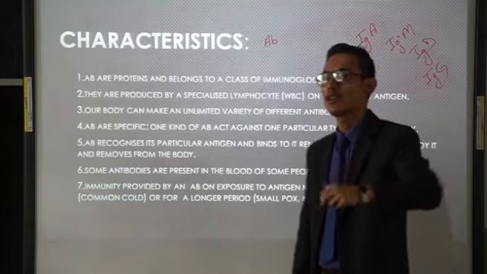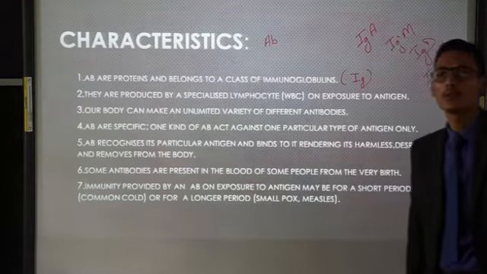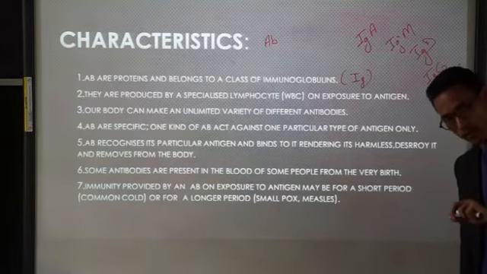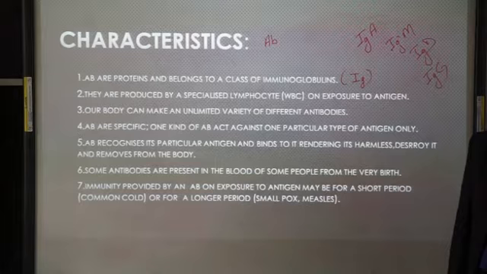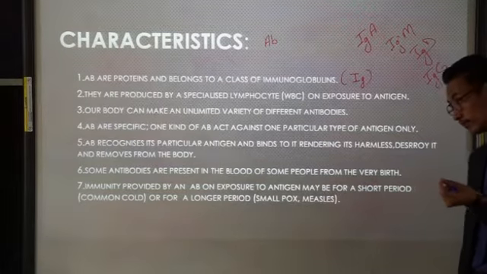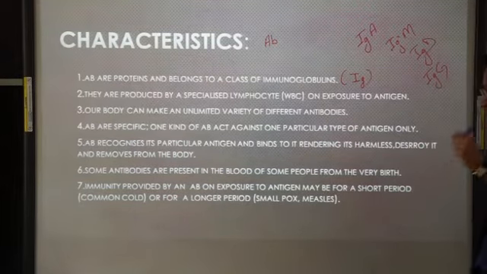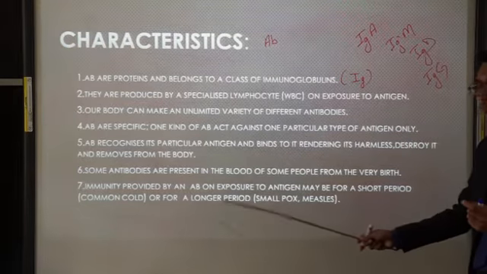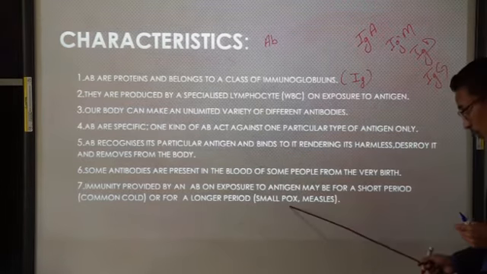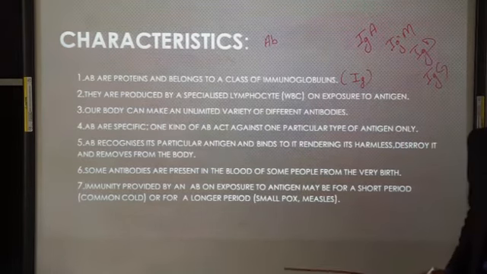Or it can last for a longer period of time also. So immunity can be developed for a short period in case of cold, or for a longer period in case of smallpox or measles.